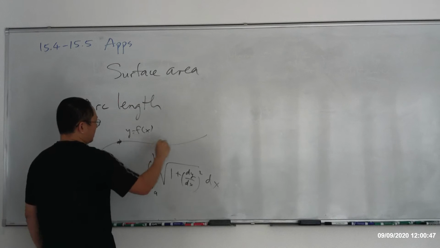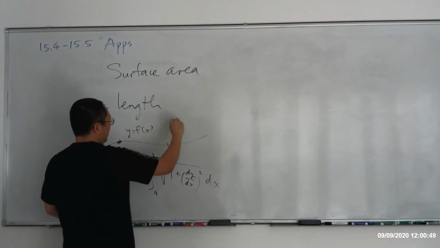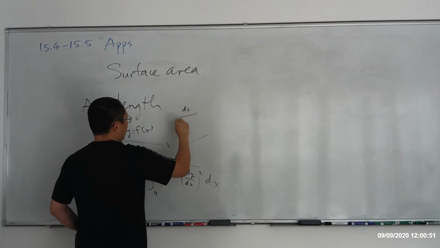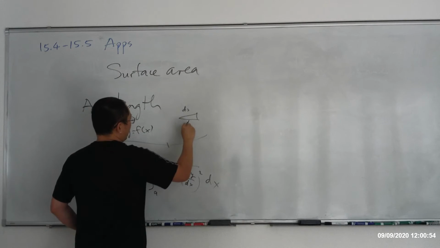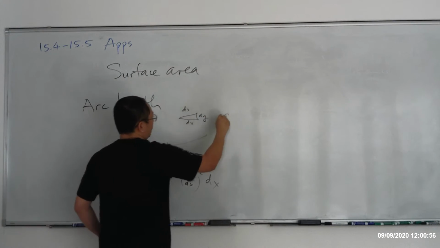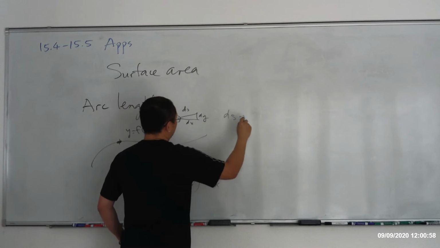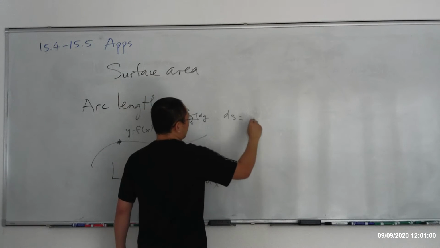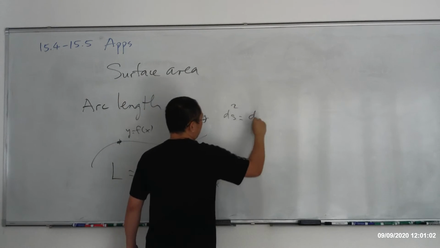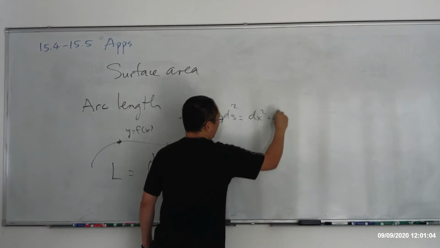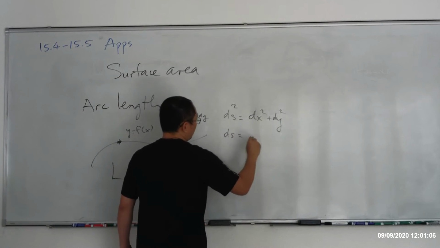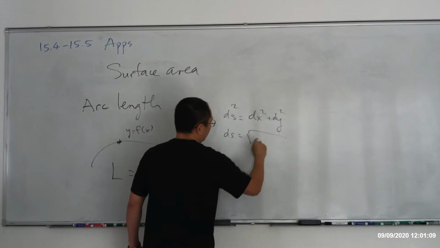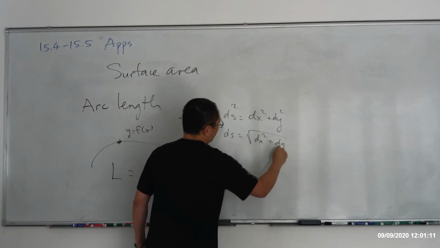The idea is you cut it up into very small pieces. This is called ds. ds is made of changes of dx and changes of dy. So by the Pythagorean theorem, ds squared equals dx squared plus dy squared, or ds equals the square root of dx squared plus dy squared.